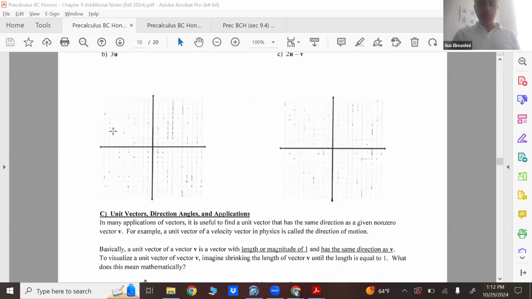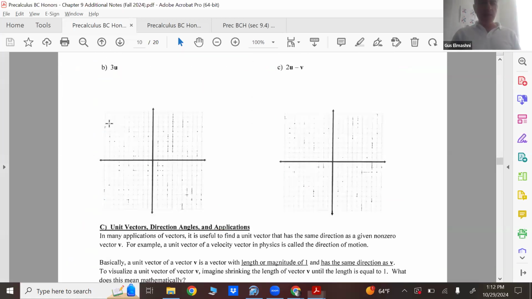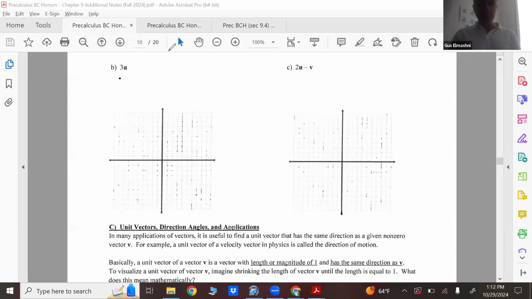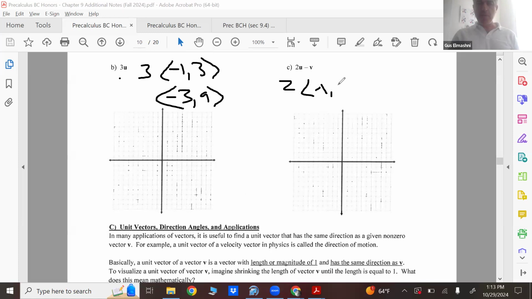So really quickly, if I do 3u, that's simply going to be 3 times negative 1 comma 3. Or here, that will be negative 6 comma negative 1.